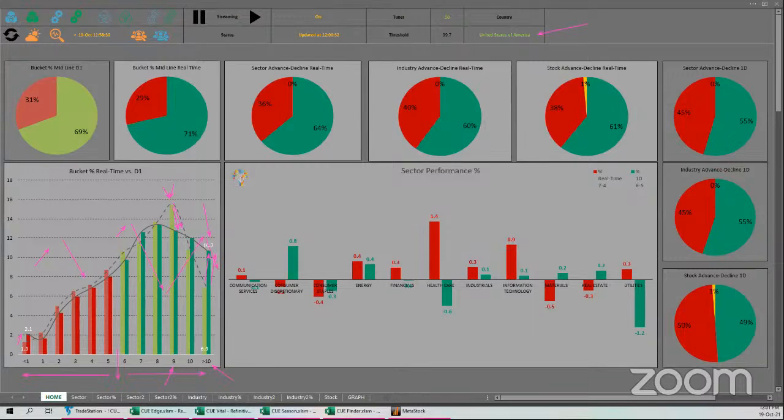So there is no clarity. Some buckets are going up, some buckets are going down, again next bucket going up. So stocks are very indecisive, and when we have a more smooth pattern like this, we know that it is more bullish. Of course, that is the first thing we know, that the green buckets are bigger than the red buckets.